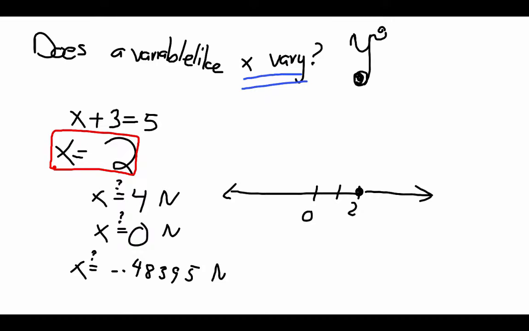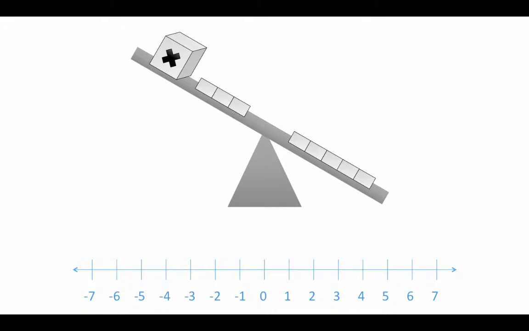And after we had a little more discussion, I said, all right, let me give you a hint. I'm going to give you a visualization of exactly how x does vary inside this equation right here. Because x, if we use x as a variable, it should always vary. And so I gave you this, and I asked you all to look at it.